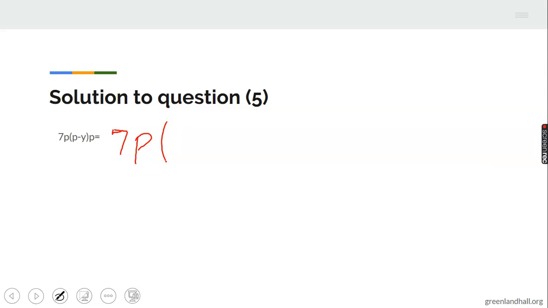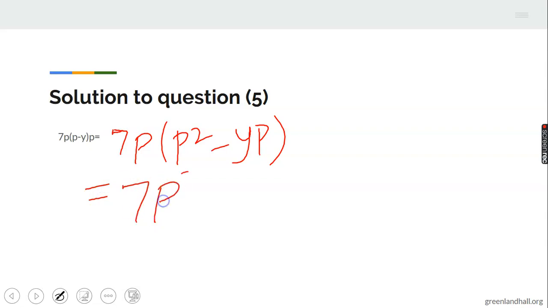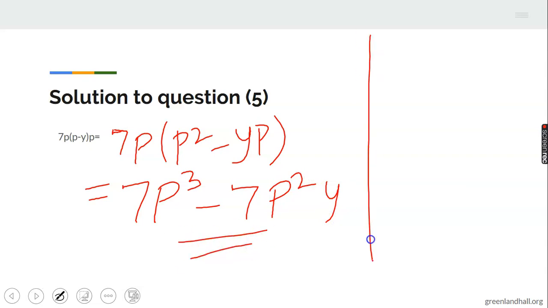That will be p multiplied by p. That will give me p squared minus p multiplied by yp. That will be minus yp. Then I will open the bracket again with 7p. 7p multiplied by p squared will give me 7p cubed minus 7p squared y. Because p will multiply p, and that will be p squared, then with y. Answer. Or you can do it the other way around, like this.